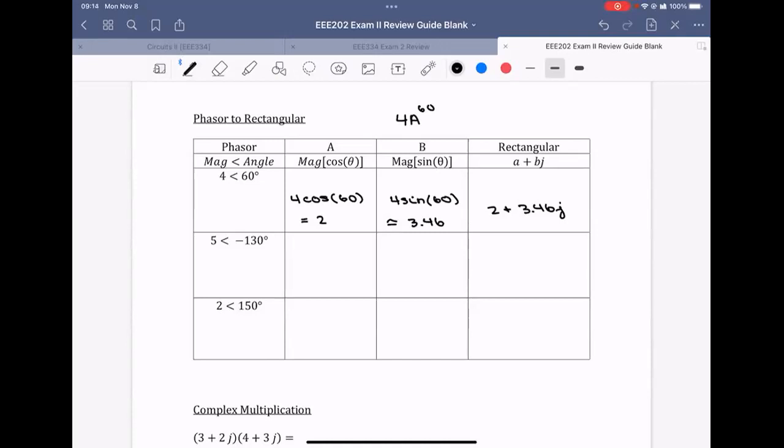5 angle negative 130, you could do the same thing. I'll just do the answers for these. I was hoping to get a little more time, but with 1 hour, I figure that going through this quickly gives more time for the rest of it. 1.73.